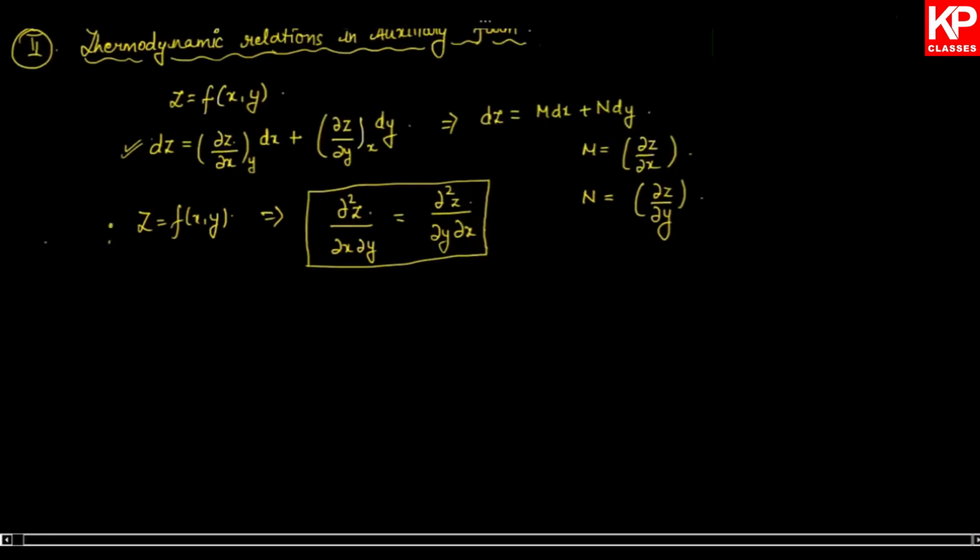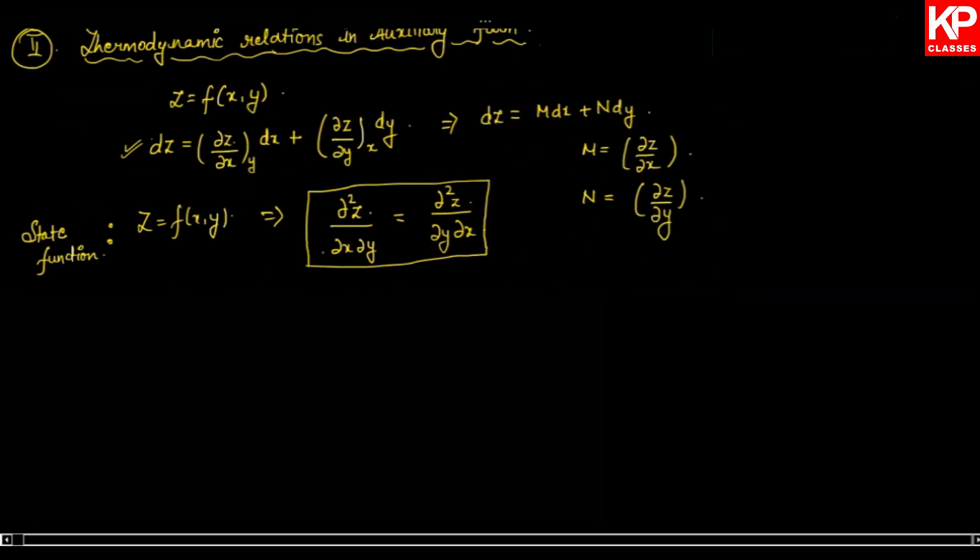Similarly, this is for the state function. If a function is a state function, this is the necessary condition that the system should follow. I'm going to use this necessary condition for the state function and relate it in terms of M and N.